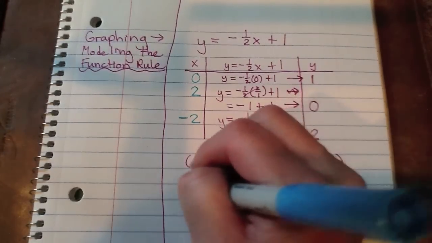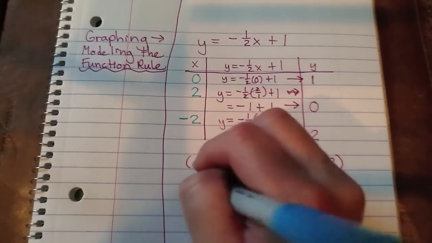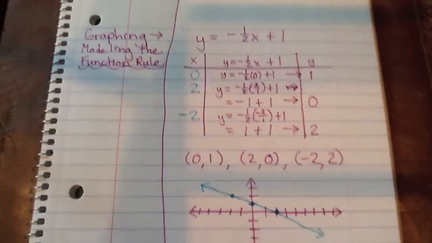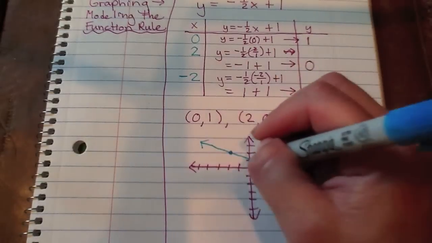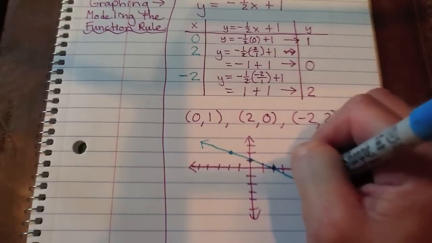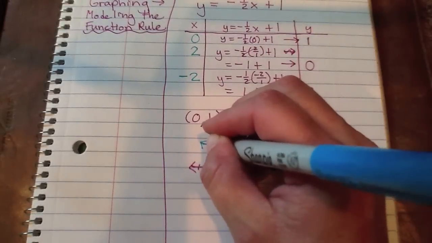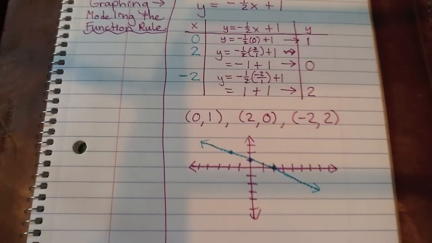And then we're going to connect them, and we should have a linear equation, which I'll explain more about in a minute. Arrows at the end showing all possible solutions. I could have plugged in any of these numbers along here and had an answer that would fit somewhere along this line. So that's showing all of the possible solutions there that we could have plugged into that table that we did at the top.